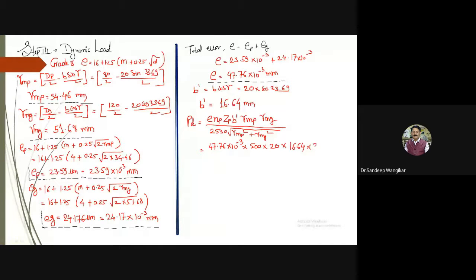So I will say RM 34.46, RMG 51.68 divided by 2530 under root of 34.46 square plus 51.68 square. You will get the value of PD.